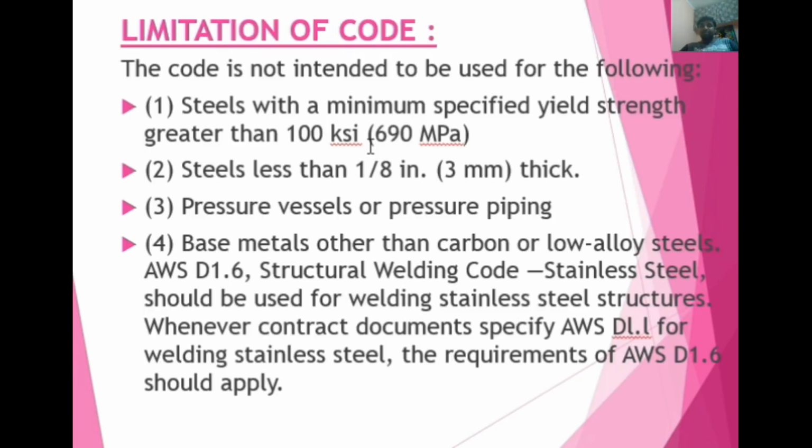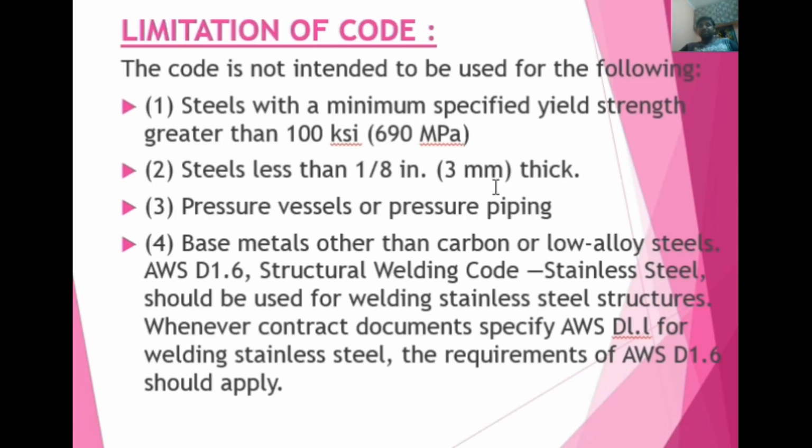Steel with a minimum specified yield strength greater than 100 ksi, which means 690 MPa. If any steel is like this, then we cannot use AWS D1.1. So we have to check the minimum specified yield strength. It should be less than 690 MPa. Then we can use the code AWS D1.1.